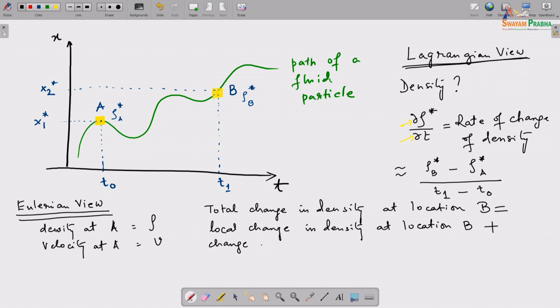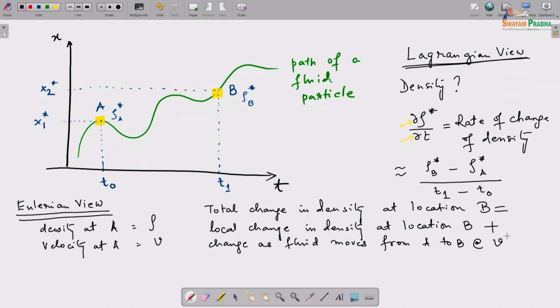So: local change in density at location B, plus change as fluid moves from A to B with velocity v. Does that make sense? So therefore, how do I write this?